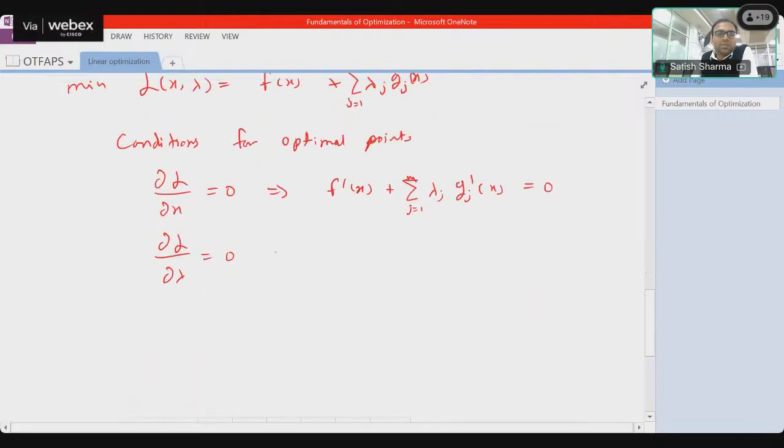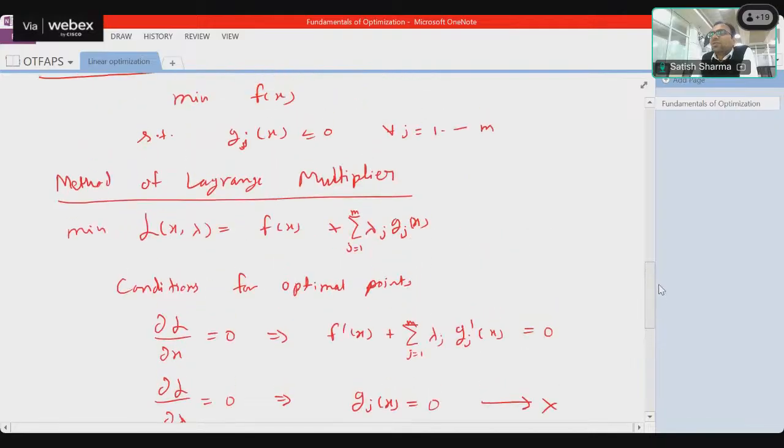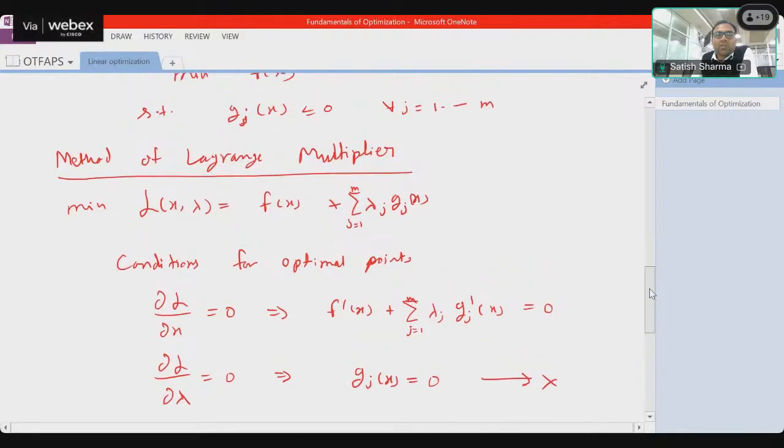Another condition is that lambda is also a variable now, a dual variable, so that gives gj(x) equals 0. This part is wrong: earlier we defined that this condition should be less than or equal to 0, and not equal to 0. So we cannot write it this way if there are inequality constraints.